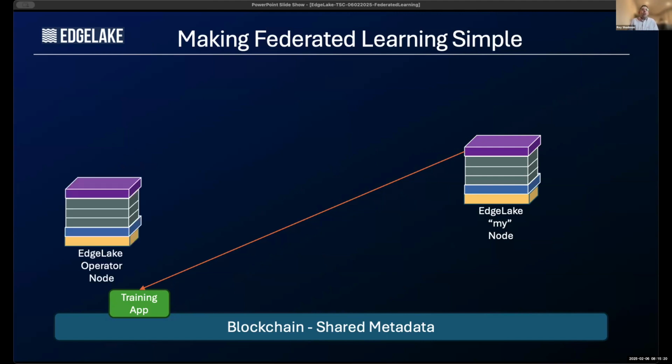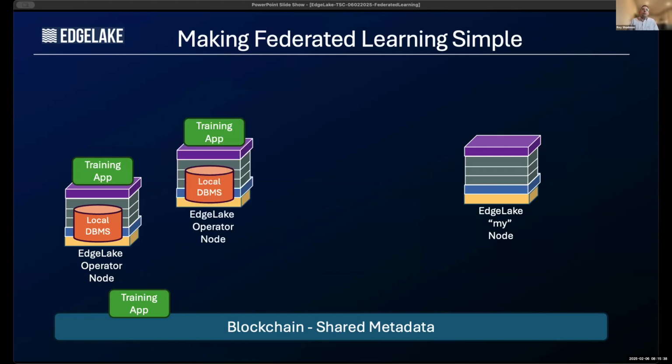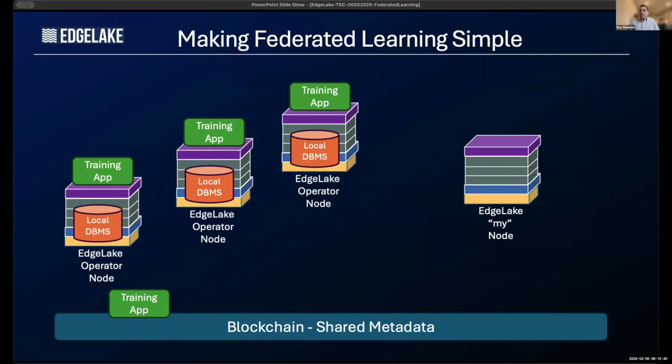And then each EdgeLake operator node that has the relevant information to facilitate the training that I'm intending to run has a local database management system with this respective data. And then it'll pull this training application onto the local node. All the nodes that have this relevant information and will be partaking in this federated learning process will also pull the training application.